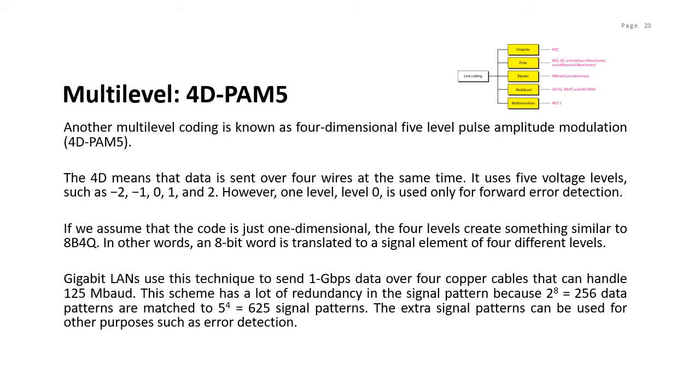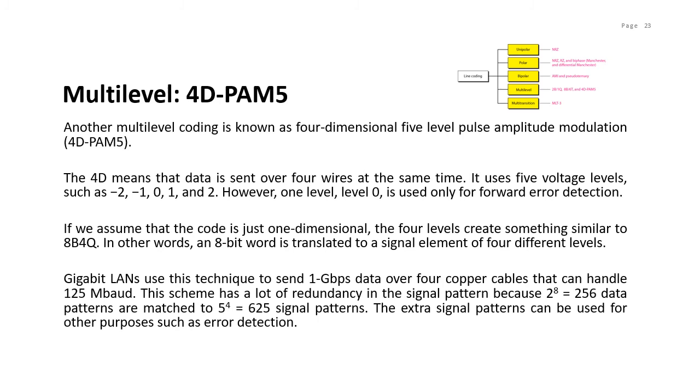The point here is that the four signal elements comprising one signal group are sent simultaneously in the four-dimensional setting. Gigabit LANs use this technique to send 1 gigabit per second of data over 4 copper cables that can handle 125 megabaud.